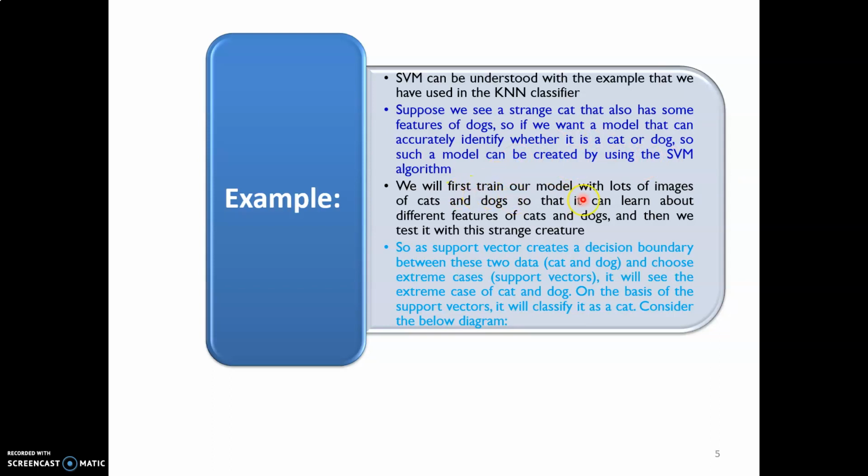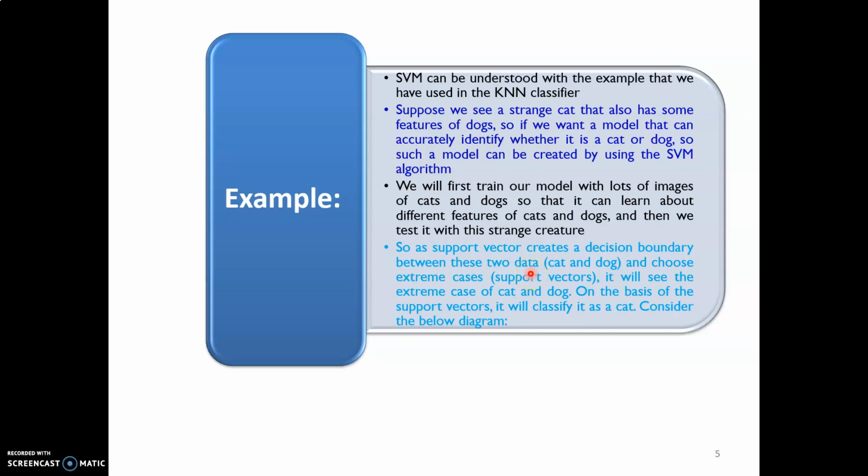We will first train our model through the training dataset with lots of images of cats and dogs, so that it can learn about different features of cats and dogs, and then we test it with this strange creature. So a support vector creates a decision boundary between these two data sets, that is the cat images and dog images, and selects extreme cases, that is the support vectors. It will see the extreme case of cat and dog. On the basis of the support vectors, it will classify it as a cat.